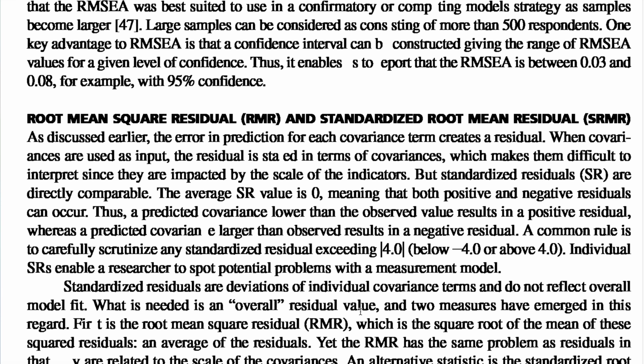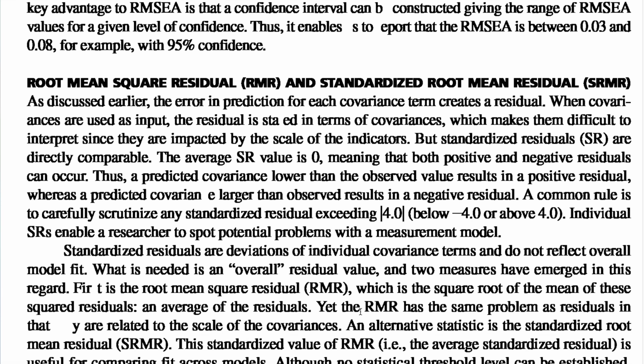Root mean square residual, RMR, and the standardized root mean residual, SRMR. As discussed earlier, the error in prediction for each covariance term creates a residual. When covariances are used as input, the residual is stated in terms of covariances, which makes them difficult to interpret since they are impacted by the scale of the indicators, but standardized residuals are directly comparable.